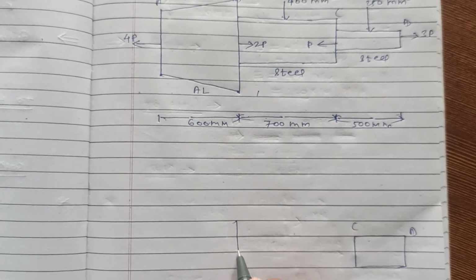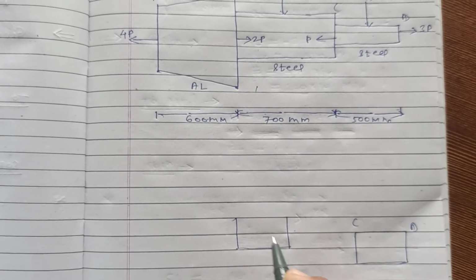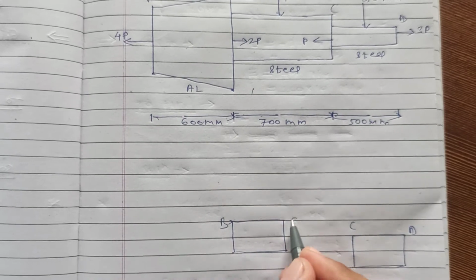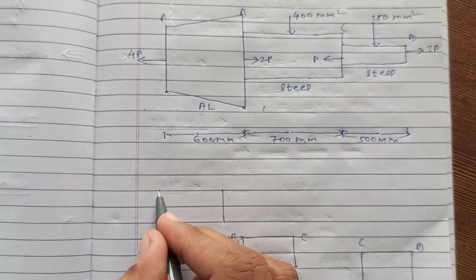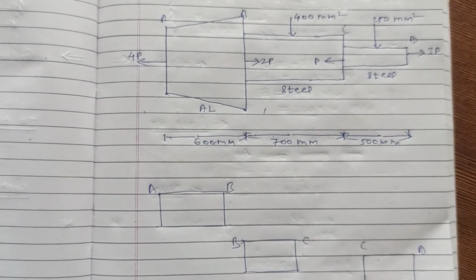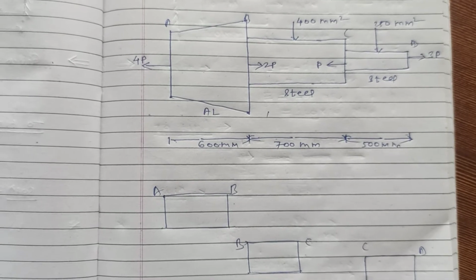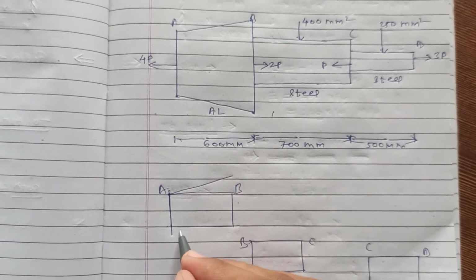Next is element BC, and the first one is element AB. Actually this is a trapezoidal element.